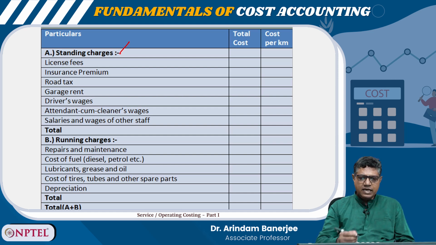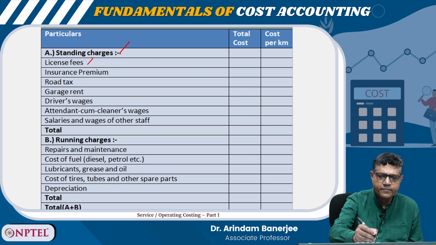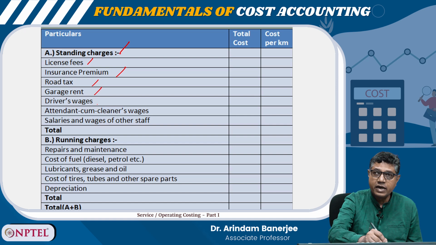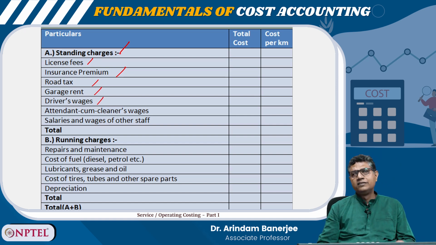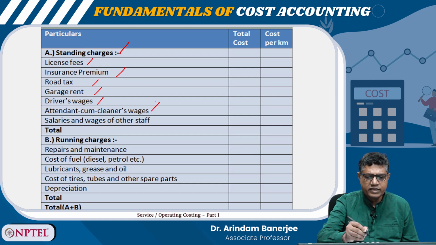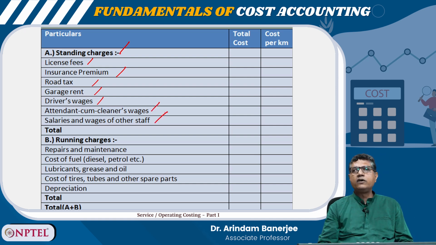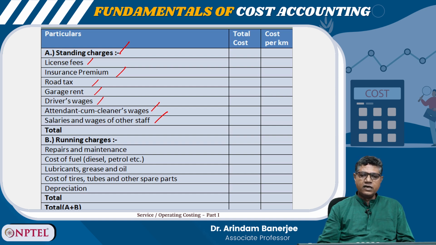For example, the license fees, insurance premium, road tax, garage rent, driver's wages if the driver is on a fixed monthly wage, accident cleaners' wages, salary and wages of other staff. So, these are the standing charges.